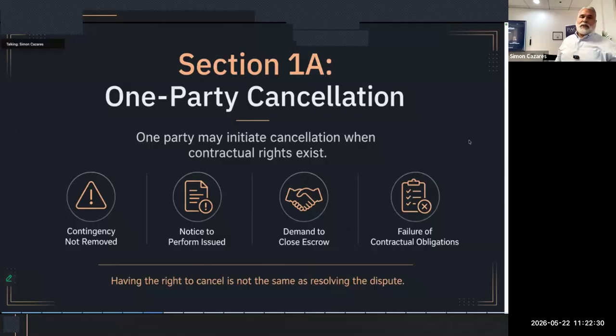Then the buyer has the right to cancel. Having the right to cancel is not the same as resolving a dispute. There's two distinctions, okay? Cancellation or a dispute. If there's a dispute, now the situation is agent step back, let them iron it out, buyer and seller.